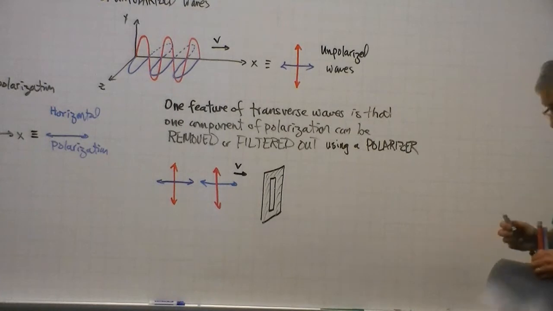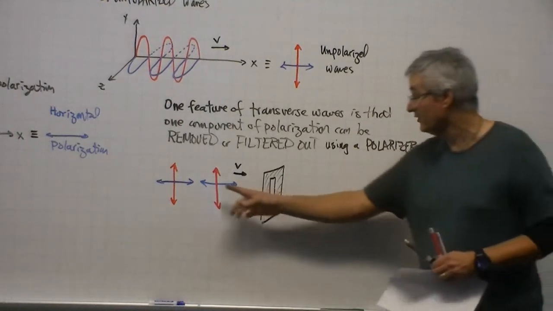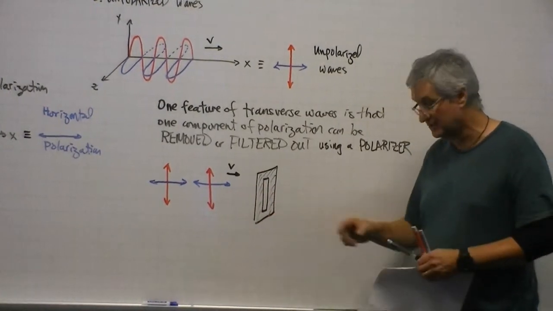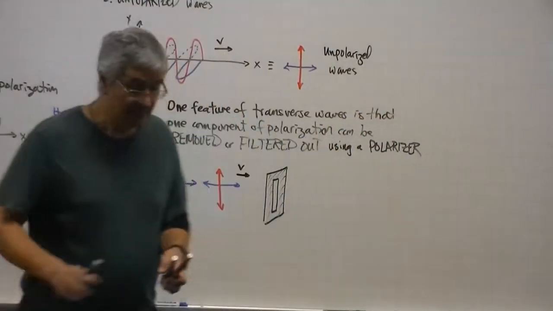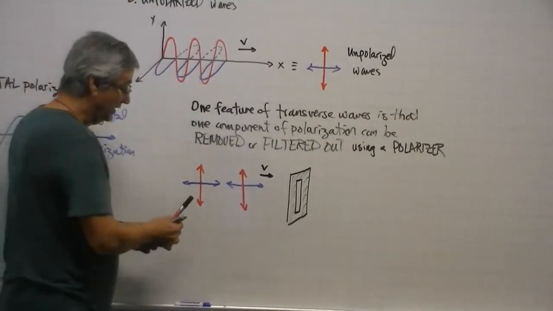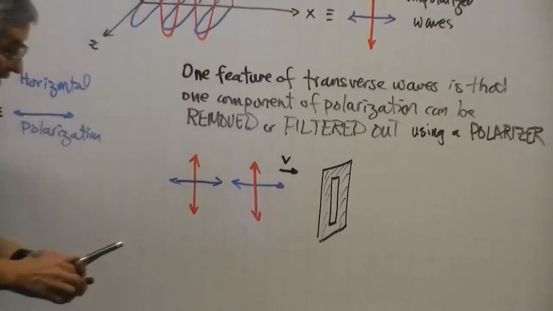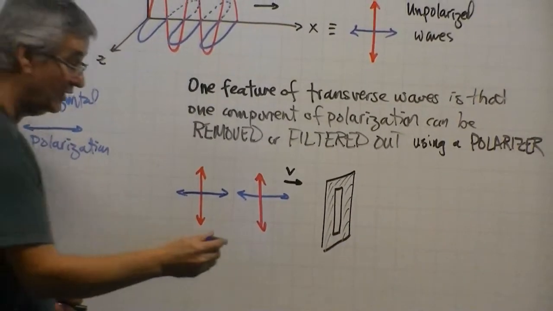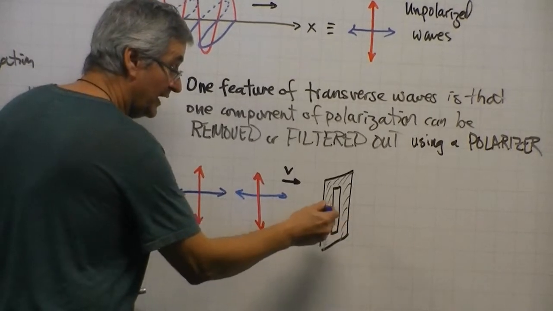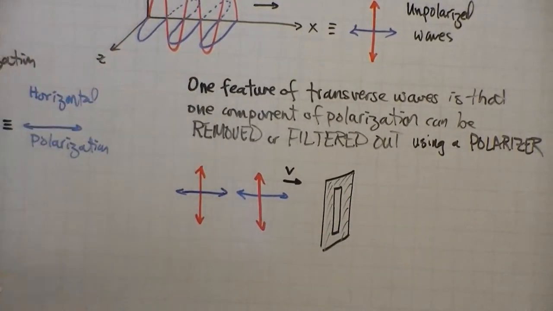So as this wave comes through this vertical slit, a piece of the wave is going to slip through the vertical hole. But if the horizontal one tries to get through that hole, it's going to get blocked.